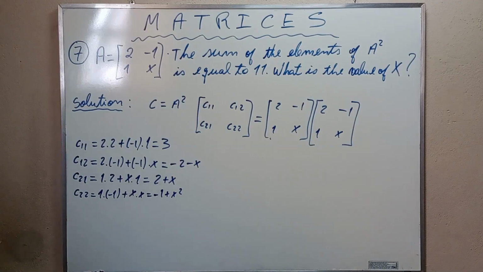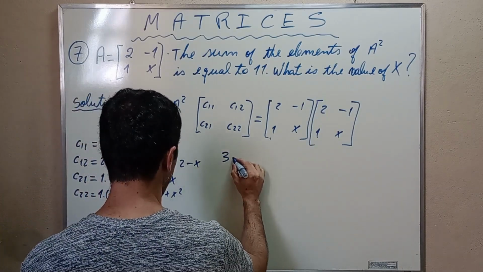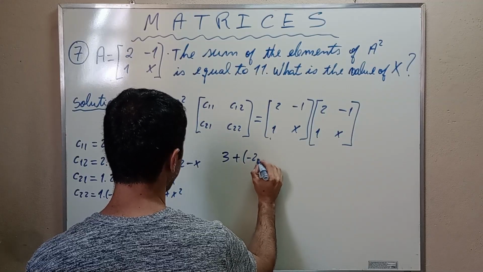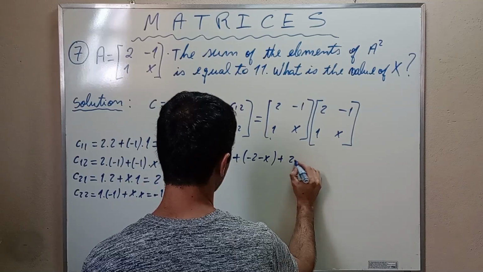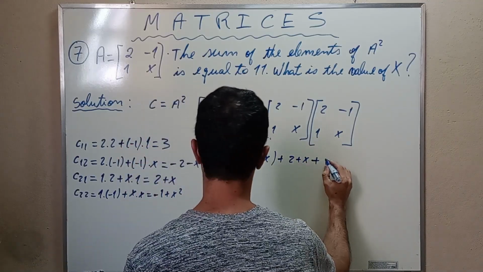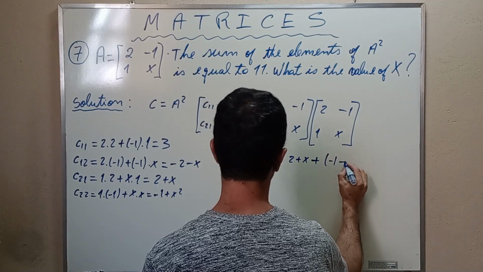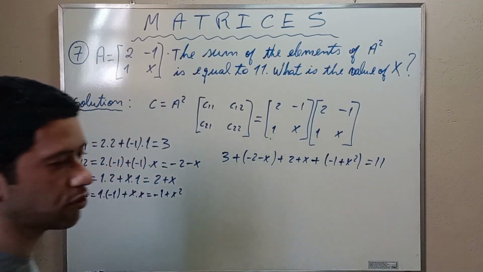The exercise stated that the sum of the elements of C is 11. Consequently, 3 plus negative 2 minus x plus 2 plus x plus negative 1 plus x squared has to be equal to 11.